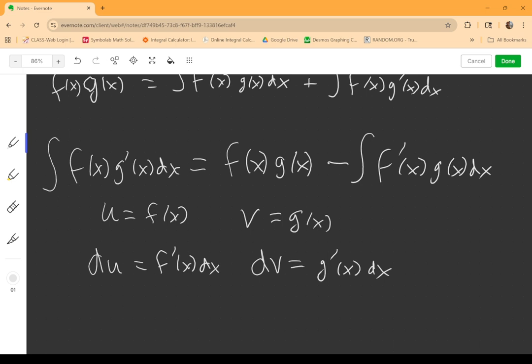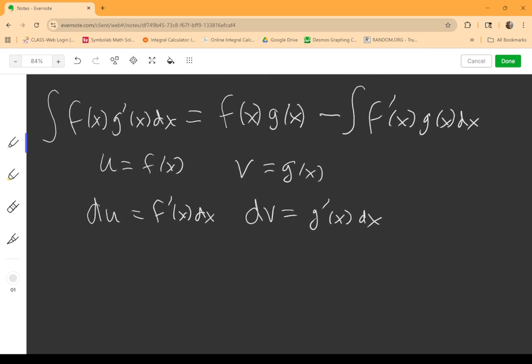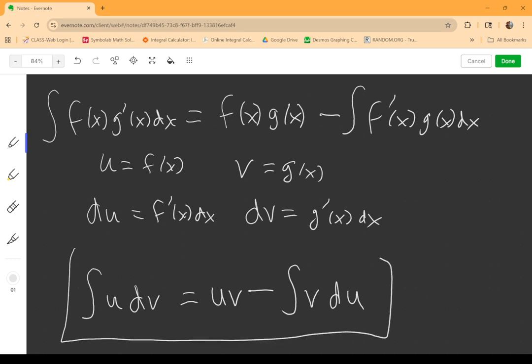Again, these are just conventions, so it's a formula we can plug and play with. The integral of f of x g prime of x dx is the integral of u dv, just matching things up. So the integral of u dv equals uv minus the integral of v du.